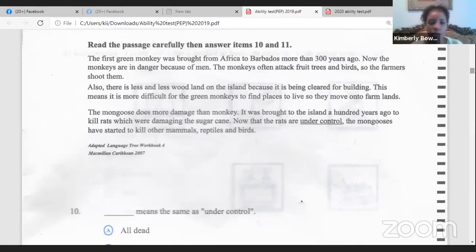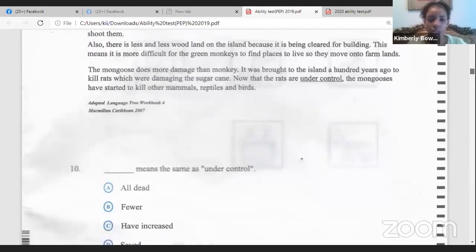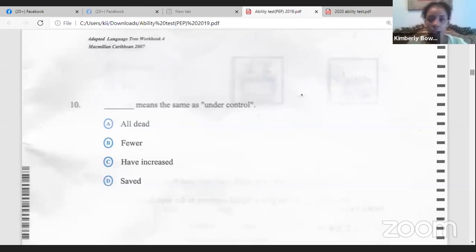Then finally it spoke about the mongooses, and that's a compare and contrast, comparing the mongoose to the monkeys, and saying that they bring more threat to human livelihood and or animals. But it's given a word or a phrase there, 2 words, and the words are underlined, and you are asked a question to say what those underlined words mean.